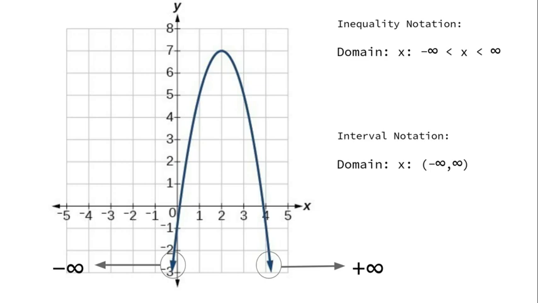For the range, the very bottom of the graph, well, now notice that this parabola is facing downwards, and it's going down infinitely. So the bottom of our graph is all the way down to negative infinity, and the top of our graph is here at +7.